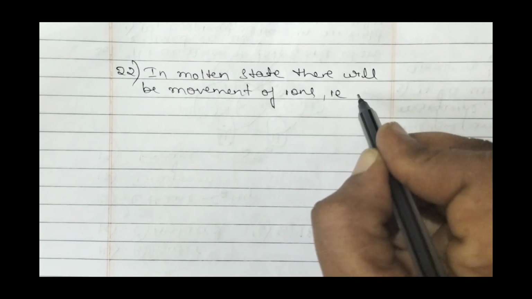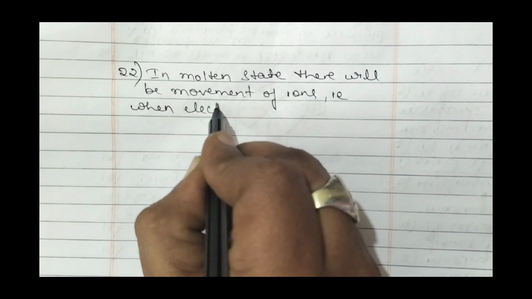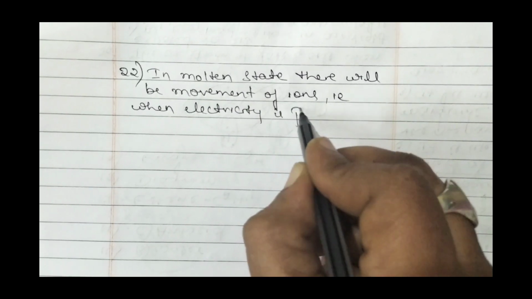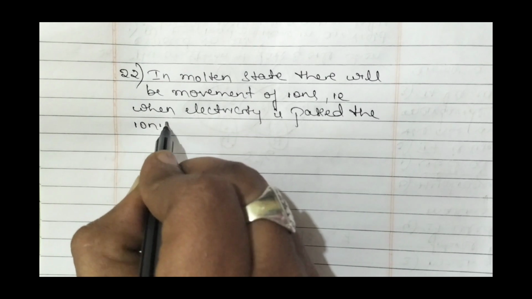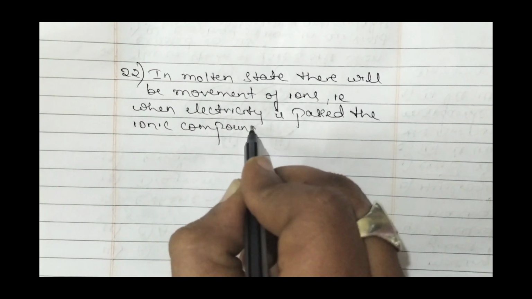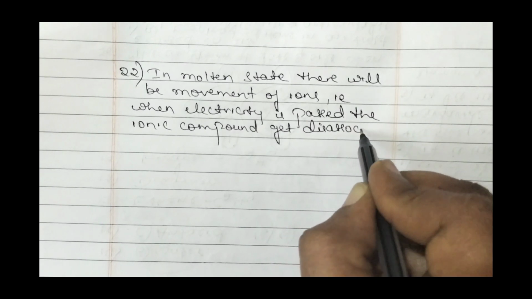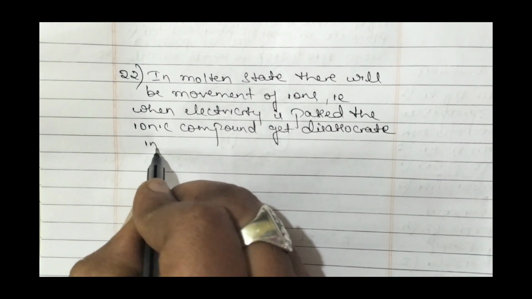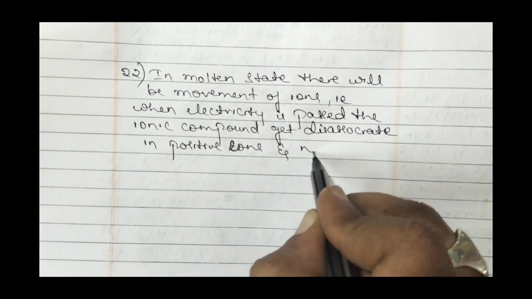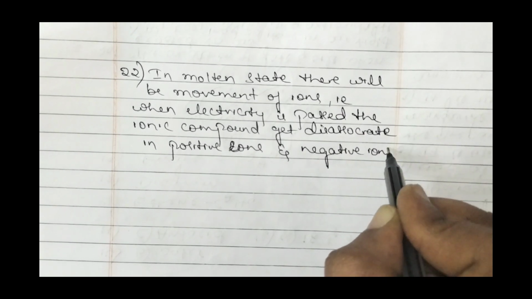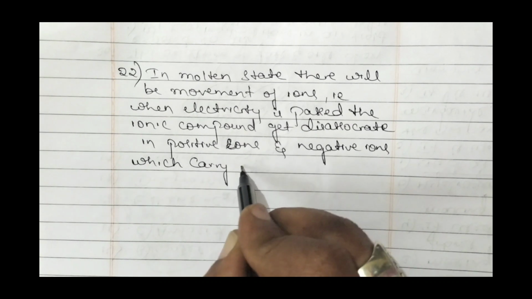That is, when electricity is passed, the ionic compound gets dissociated into positive ions and negative ions, which carry electricity.